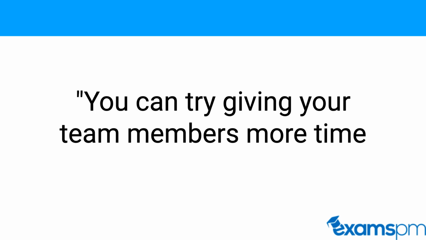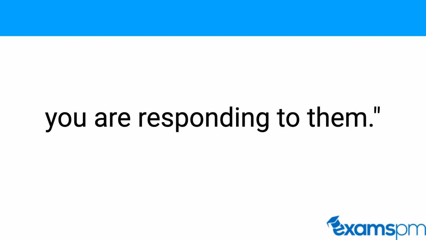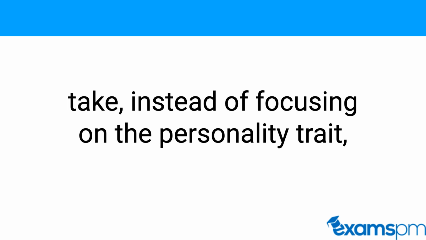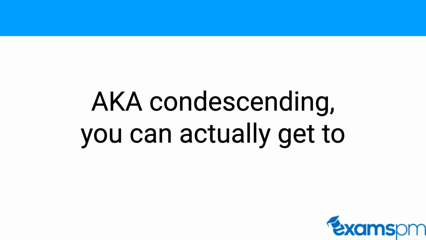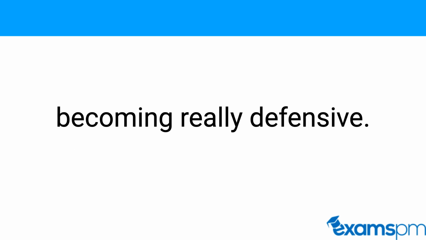You can try giving your team members more time to ask questions, and you can be more patient when you are responding to them. By focusing on behaviors that this team member can take, instead of focusing on the personality trait, aka condescending, you can actually get to the next step without the other person becoming really defensive.